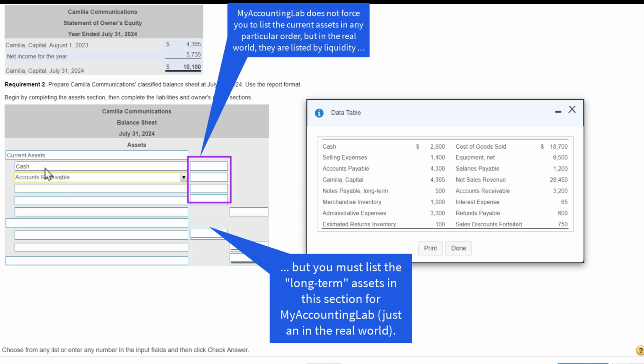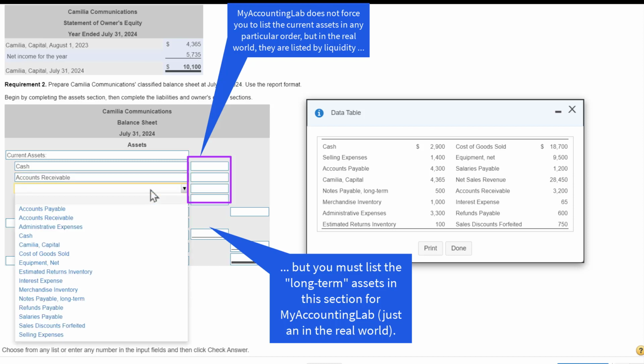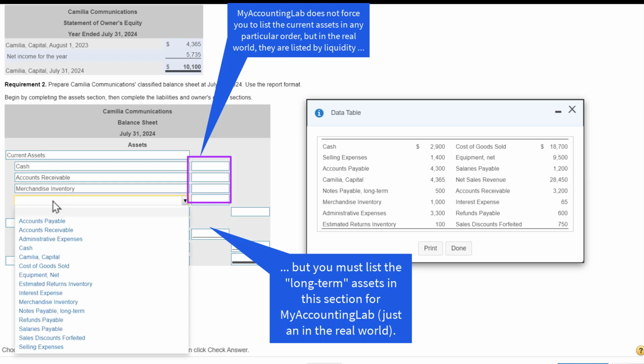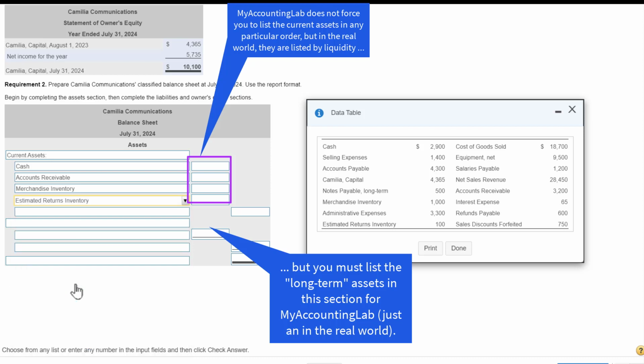Cash is already cash, so it's listed first. AR is usually due within 30 days, so that's listed next. Then third, we have merchandise inventory, because it's usually going to take longer than 30 days to sell the inventory. And right after merchandise inventory, we always list the estimated returns inventory.